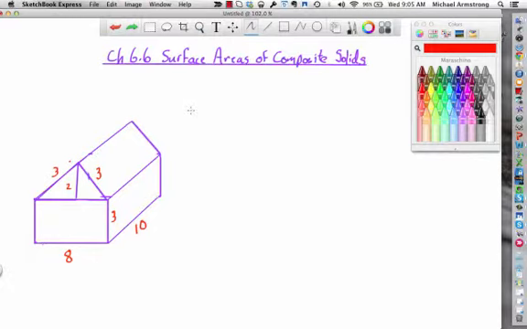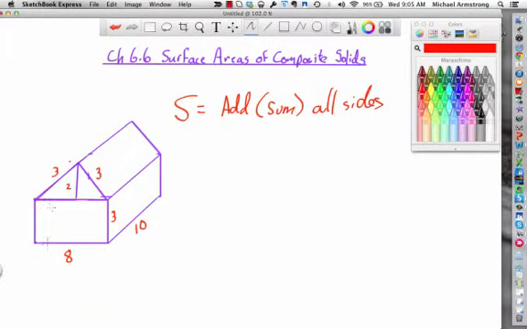Okay, so the surface area is just all of the sides added up. So we're going to just start finding sides. So we sum all sides.